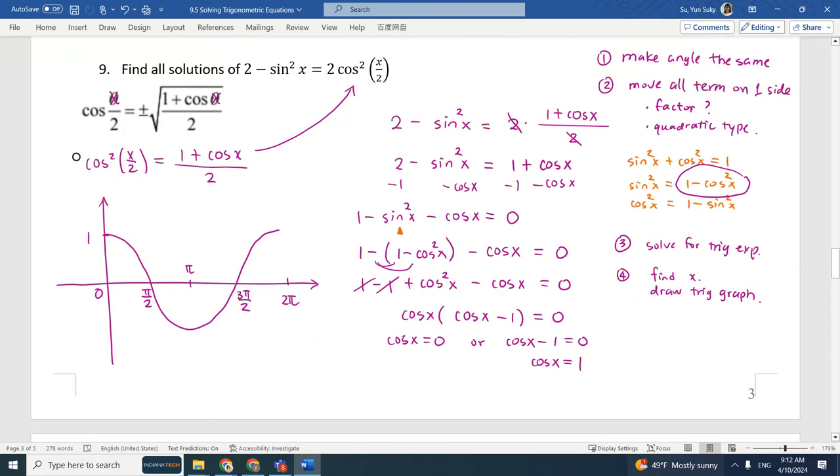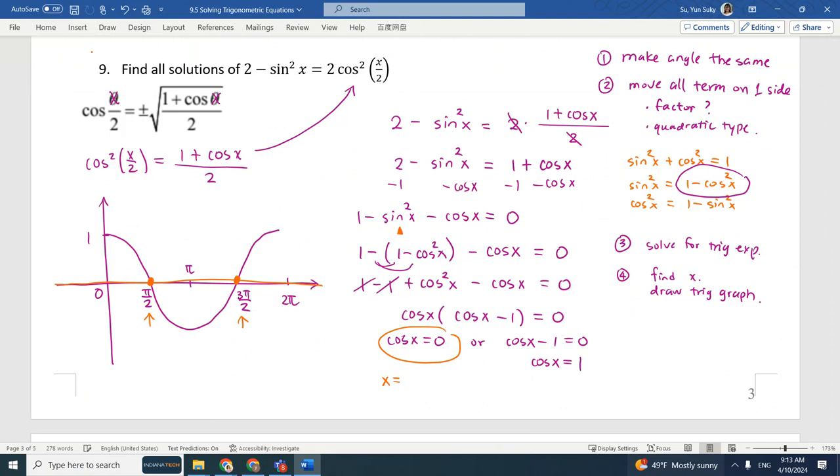Okay. And now let's see. Cosine x is 0, so y is 0, which is here. Do you see the points? The x values are pi over 2 and 3 pi over 2. Cosine x is 0, so y is 0. What's the corresponding x? Those two numbers. Can everybody see that?